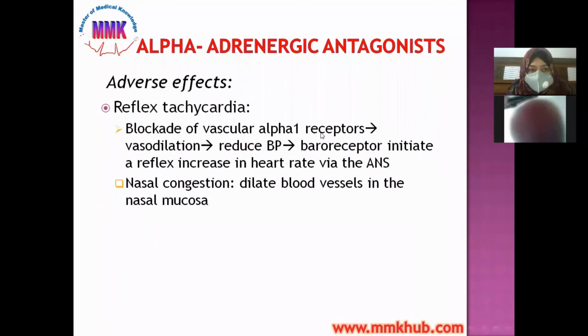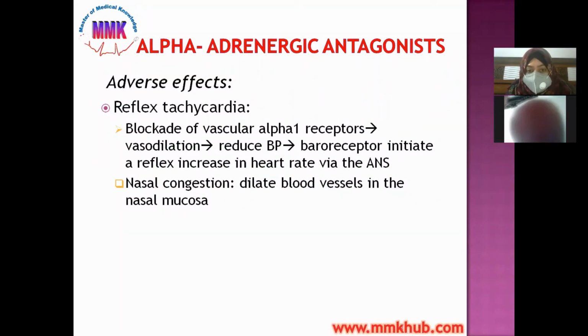Now, another side effect of using the alpha blockers is reflex tachycardia. As we all know, when there is a blockade of vascular alpha-1 receptors, there will be vasodilation, right, to reduce the blood pressure.